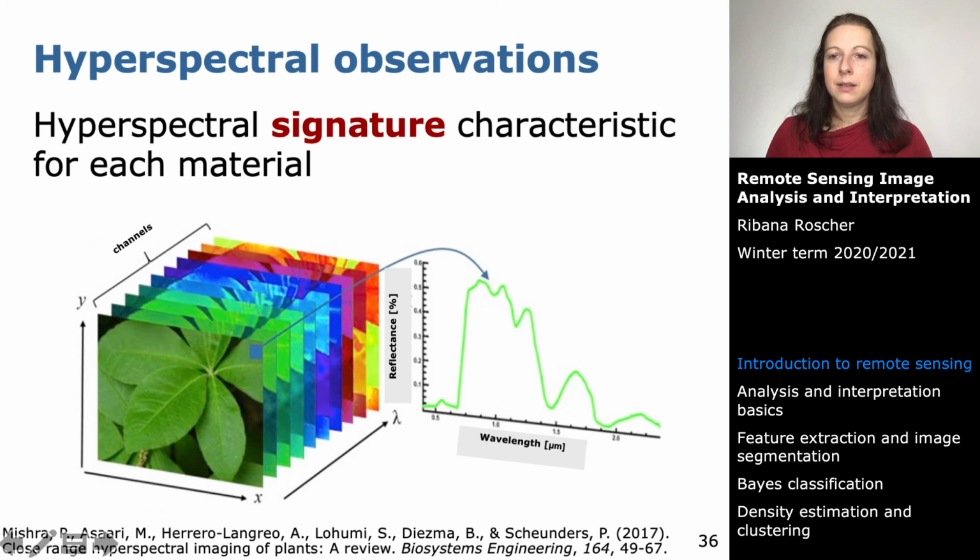If you look at it in more detail, you can see that, for example, the reflection in the visible green area is quite high. That's why plants appear green to us. Also, plants normally reflect a lot in the near infrared if they are healthy. So what you can see here, where you have high reflectance, this is the near infrared area of the electromagnetic spectrum.